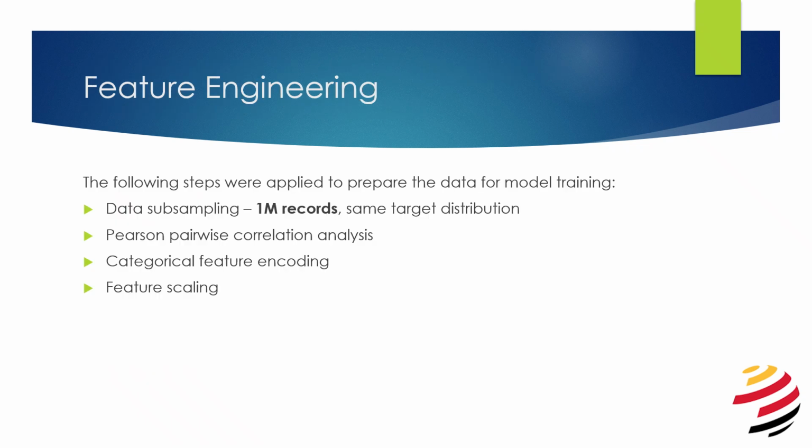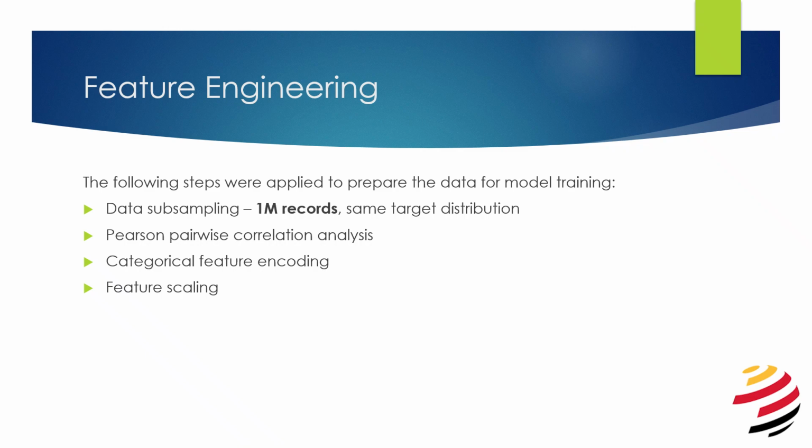Let's now move into the data preparation phase. To prepare the dataset for modeling, several preprocessing steps were performed. Since model training, especially during hyperparameter tuning, was taking a considerable amount of time, the dataset was subsampled to 1 million records while preserving the original target distribution.